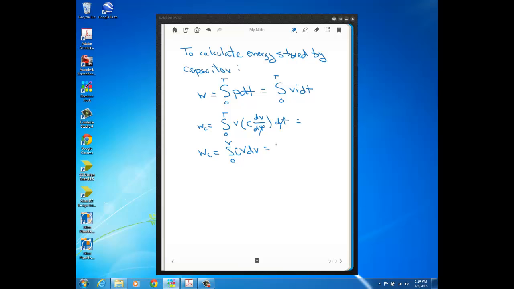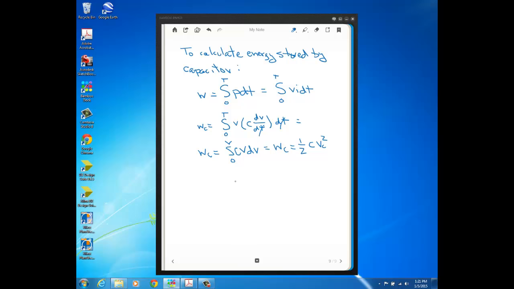This comes out so that the energy for a capacitor is just half CV squared, where V here is the voltage across the capacitor, V_C. You may notice that this is the same form as the expression for kinetic energy. Kinetic energy is half mv squared, where v is velocity. Stored energy for a capacitor has the same form: half times capacitance times the voltage across the plates of the capacitor squared.